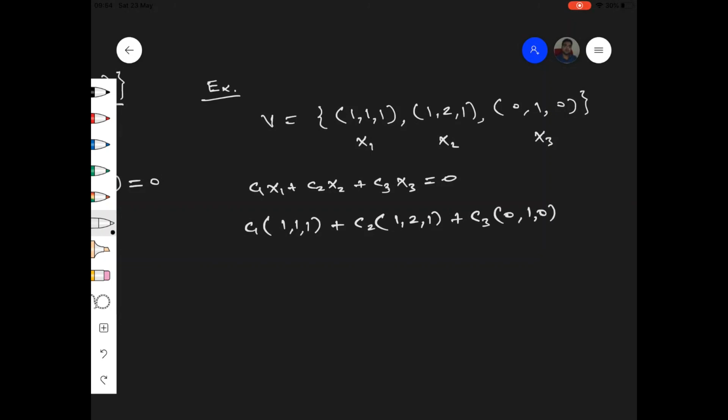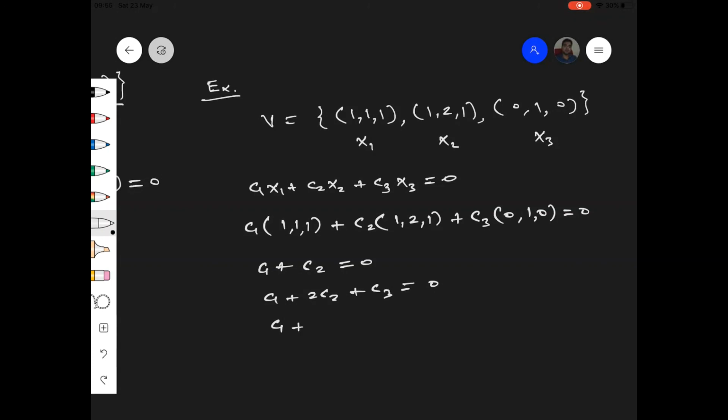C1 plus c2 equals 0, c1 plus 2c2 plus c3 equals 0 and c1 plus c2 equals 0. So clearly the first and the third equations are the same.